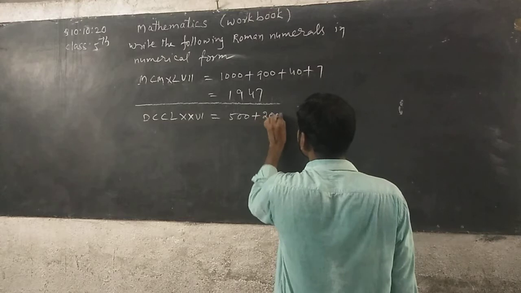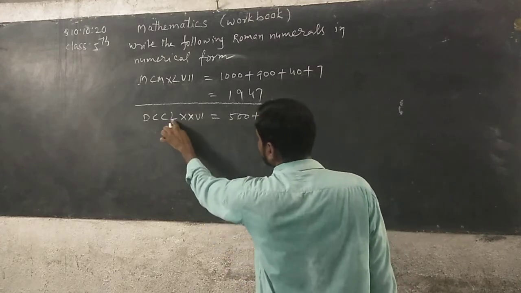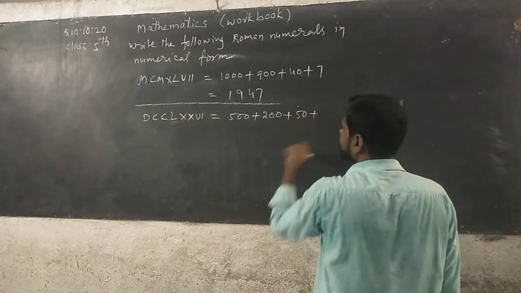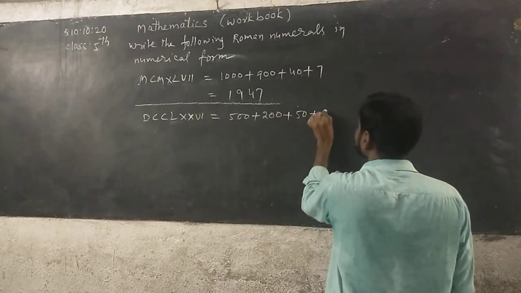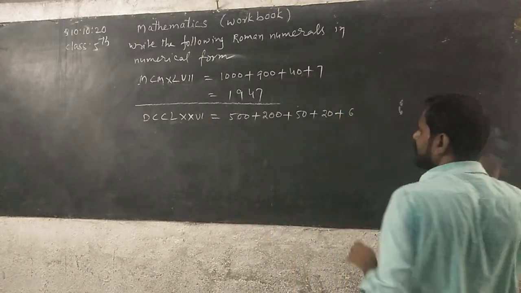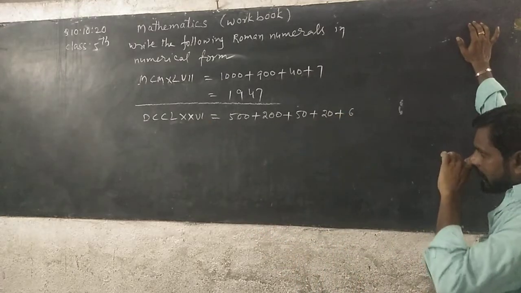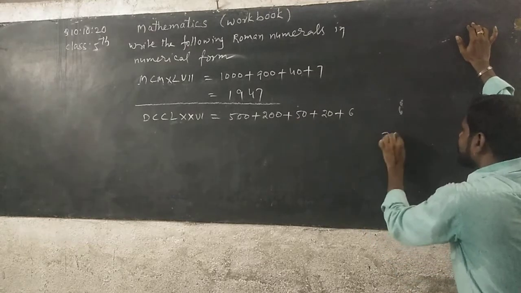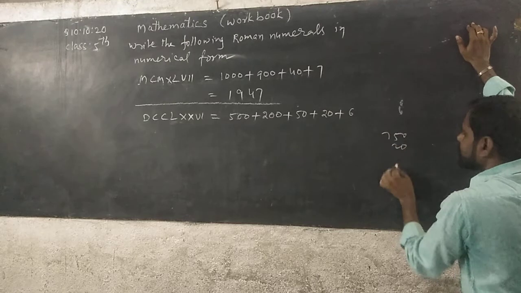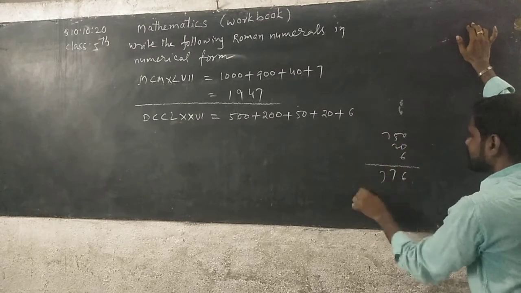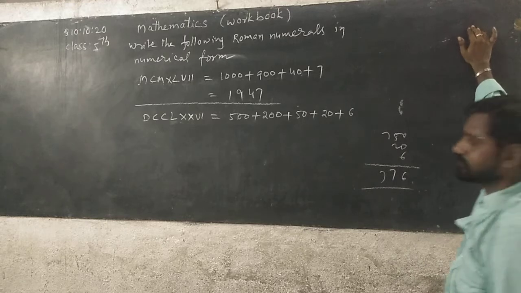Plus L, 50. Plus XX, 20. Plus VI, 6. Right. 500 plus 200 is 700, 700 plus 50 is 750, plus 20 plus 6, 776.